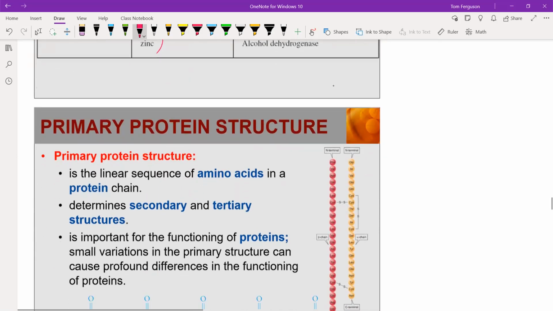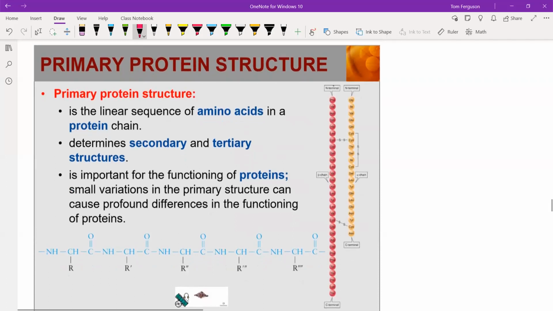Very, very complex. Now, there are 4 levels of protein structure: primary, secondary, tertiary, or quaternary. The primary one is basically just a long string of amino acids. All it is, a linear sequence. So that's the first level of protein structure.